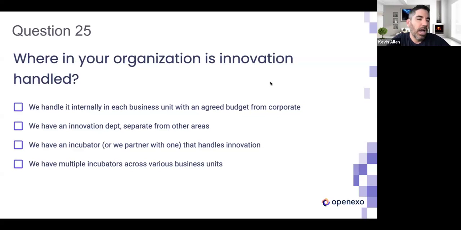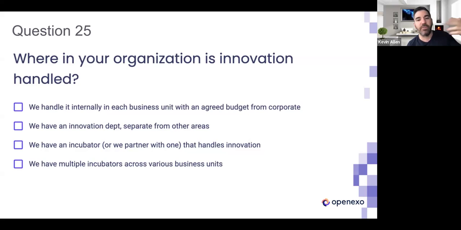And then the last question is just, where in your organization is innovation handled? Generally, if you're a very small organization, you might find it difficult to answer, because it's like, well, we're really small, so this question in that case might not be as relevant.